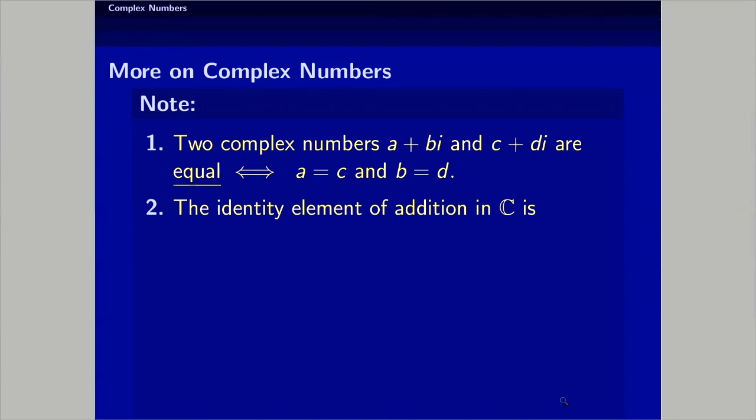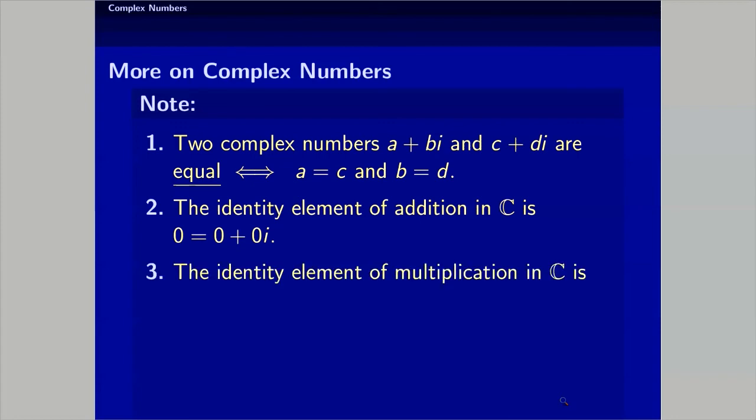It is 0, right? So, in complex number notation, we have 0 equals 0 plus 0i. Yan yung identity element of addition. Kasi any complex number added to 0 plus 0i, you will get the complex number itself.